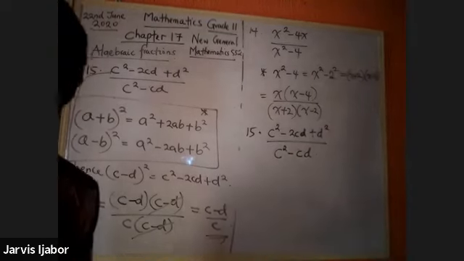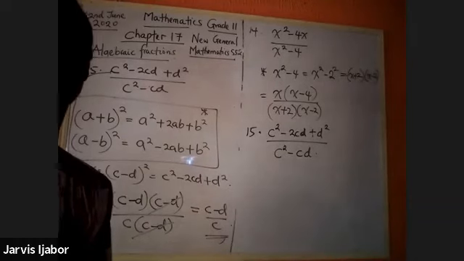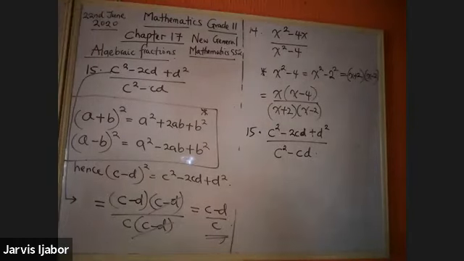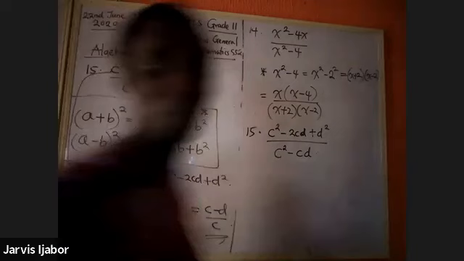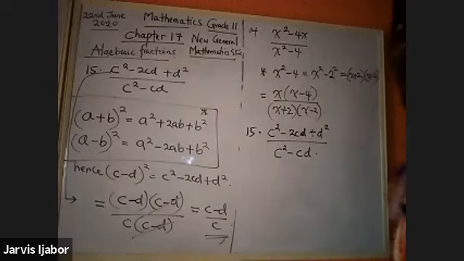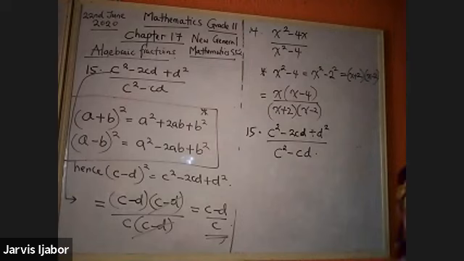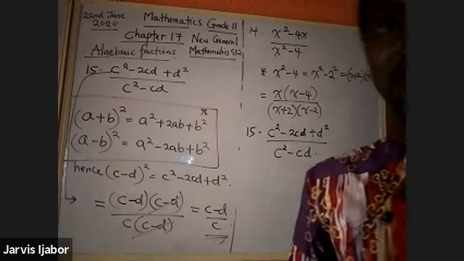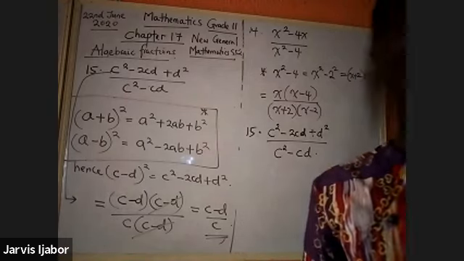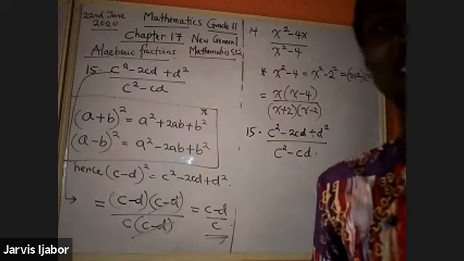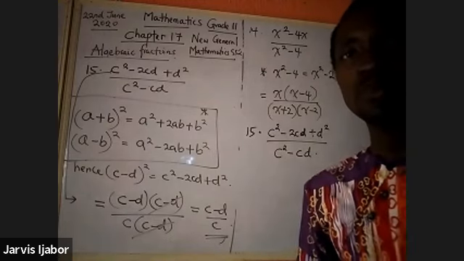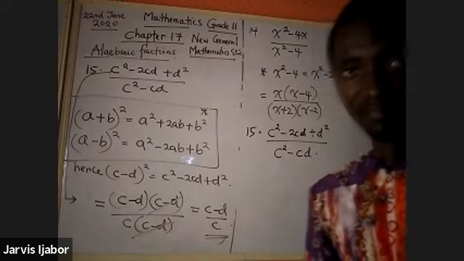All right, so at this point, I'm going to give you your assignment. I'll just drop the assignment on this side of the board, and I'll expect you to copy them and do them. Please, I want to make a very solemn appeal. This is a very, very interesting aspect of math because it boosts your critical thinking.